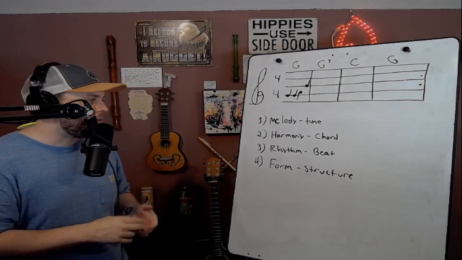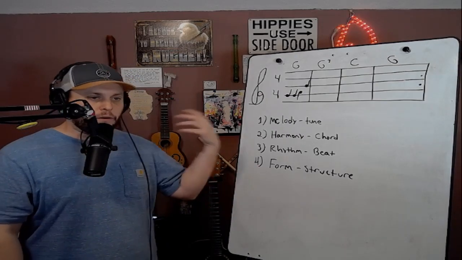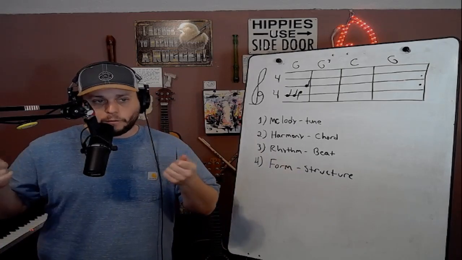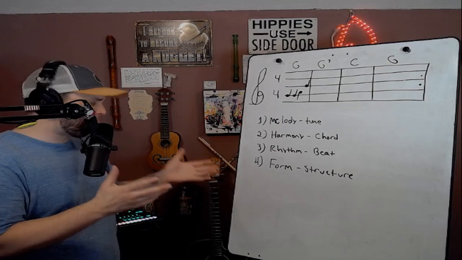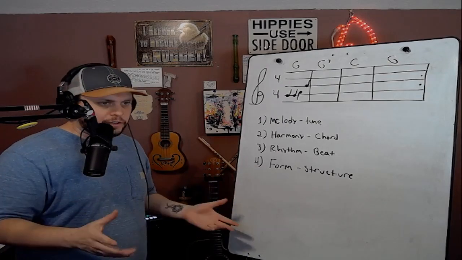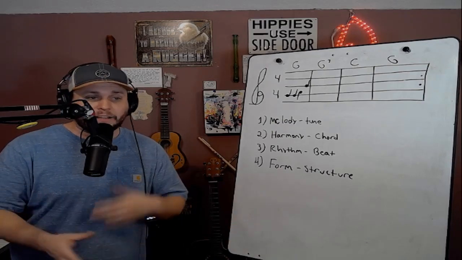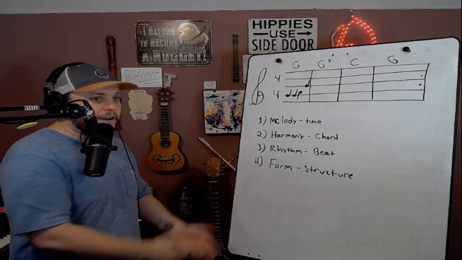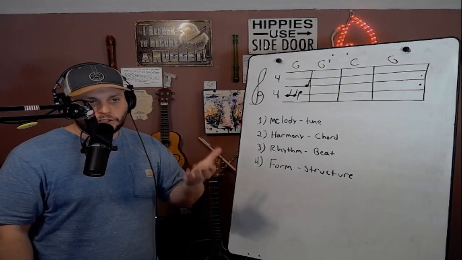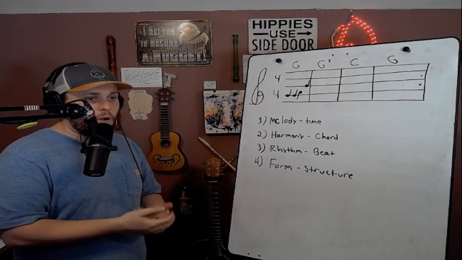What I try to do is teach by multiplication, learn by exponents, where we're learning how to learn 40 songs at once. Not by opening the book and learning 40 different songs, but by teaching you the fundamental aspects of music that undergird, that was the word I was looking for earlier, I said underbelly, underpin, that undergird every single song or most songs in history, thereby showing you how to learn by exponents.